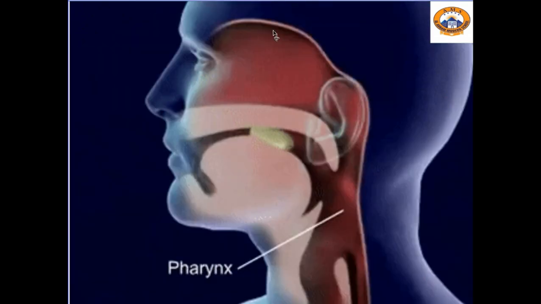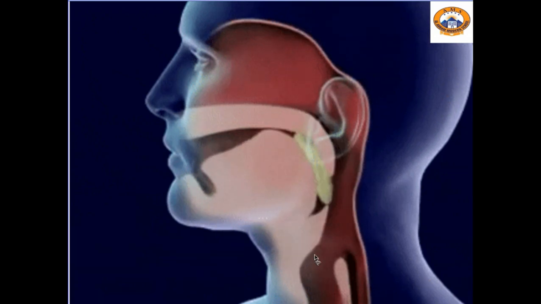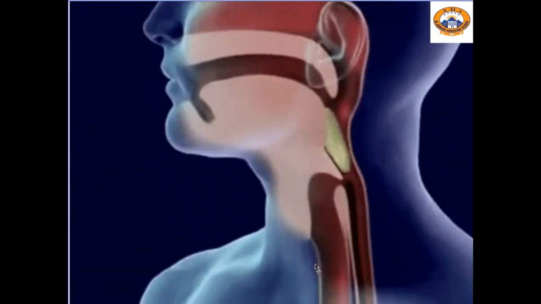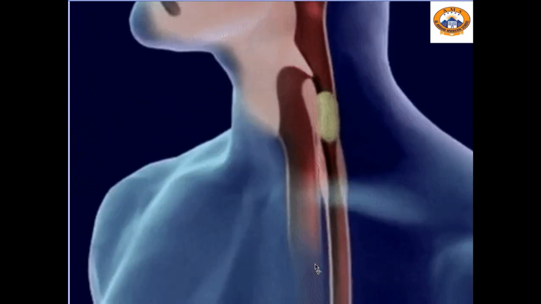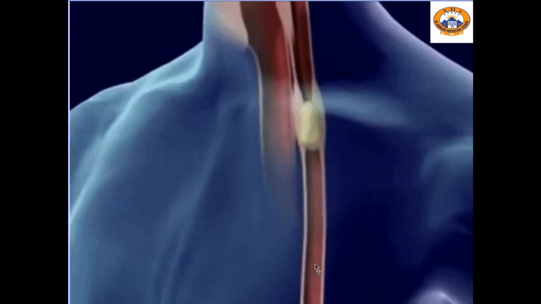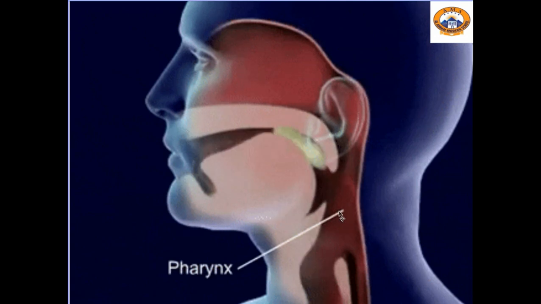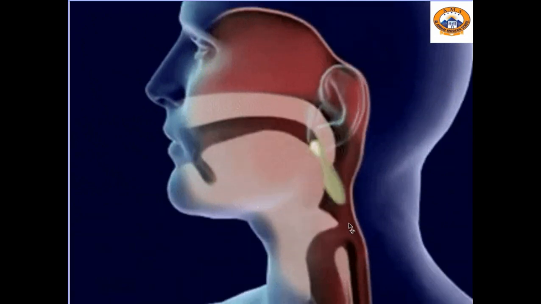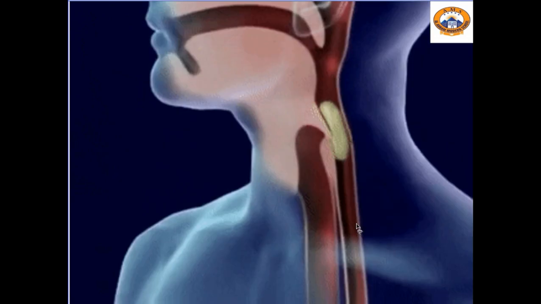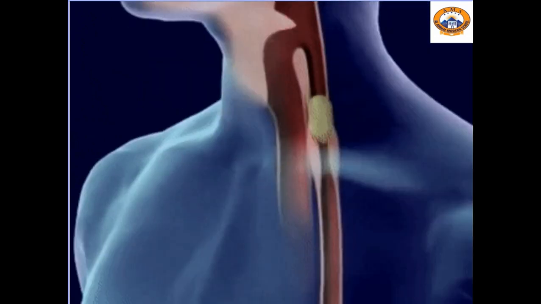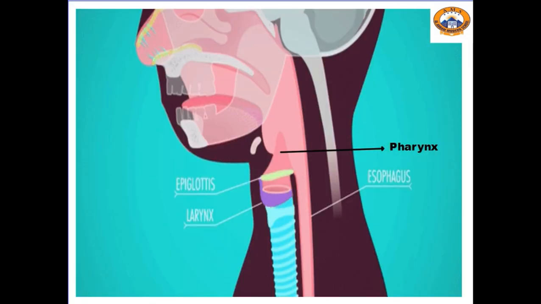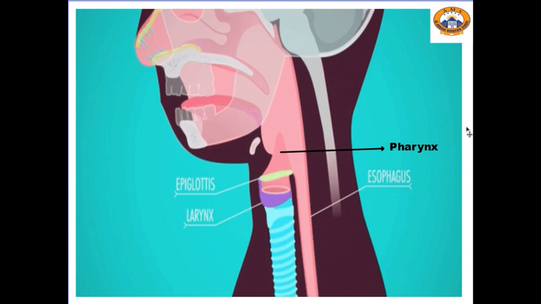The trachea, here at the front, is the pathway of the air. Again, the pharynx is a common cavity that leads to both the trachea and the esophagus. So, as you can see from this picture, the pharynx leads to the trachea and the esophagus.